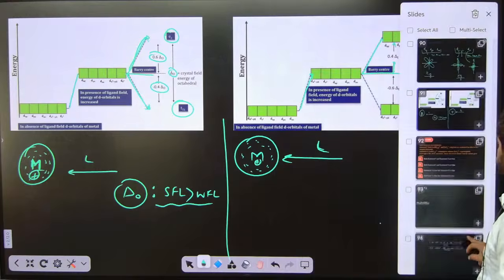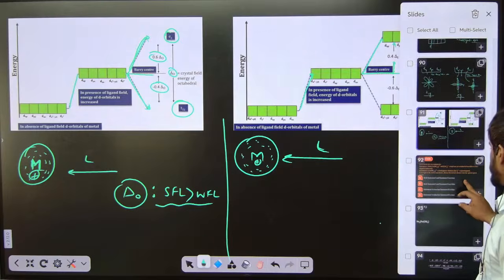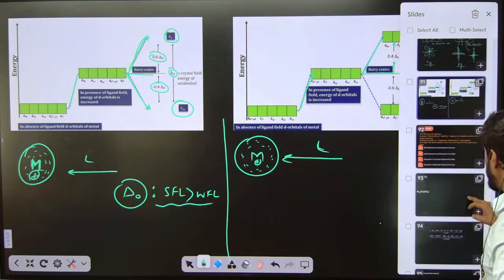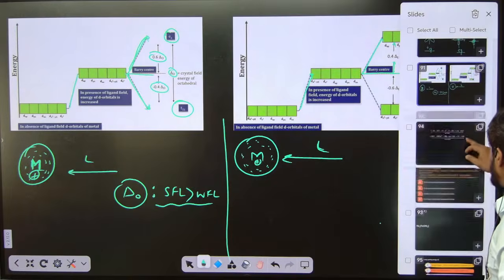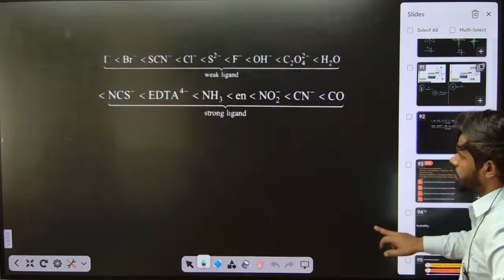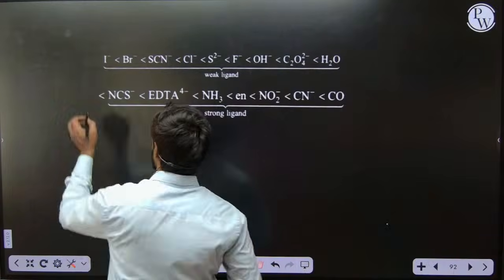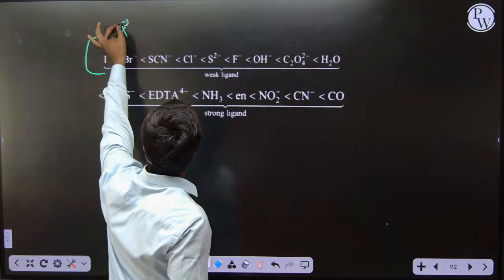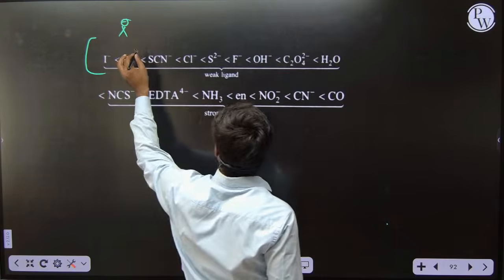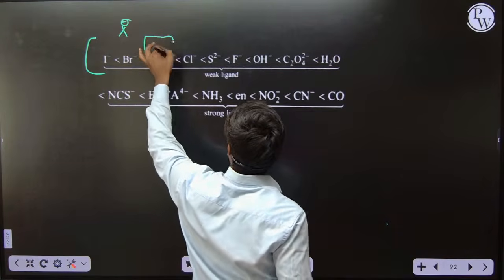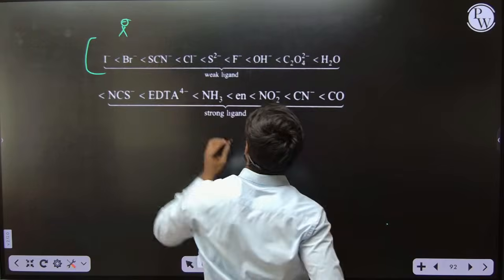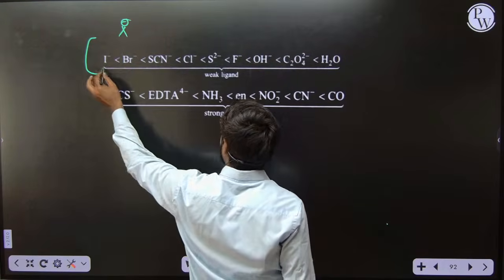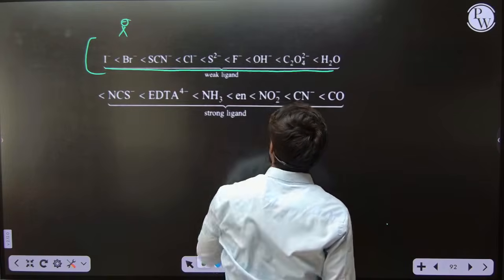Next, let's see first of all, the splitting is decided by the field strength of a ligand. Carbon donor, sulfur donor, these are all weak field ligands.